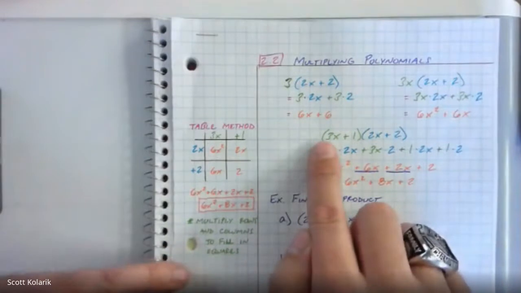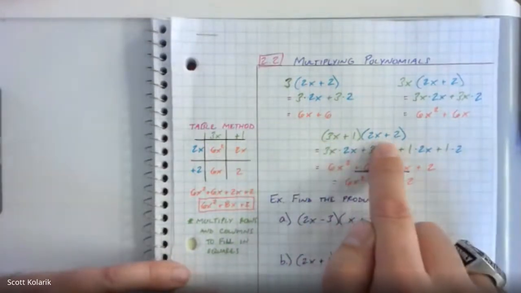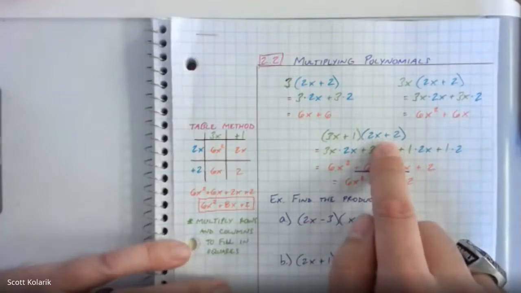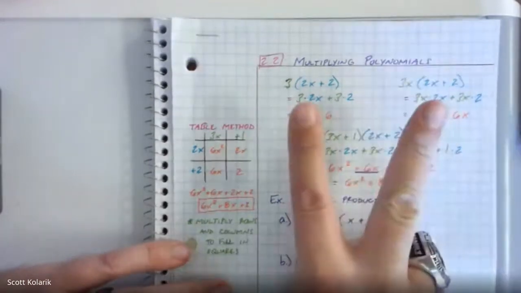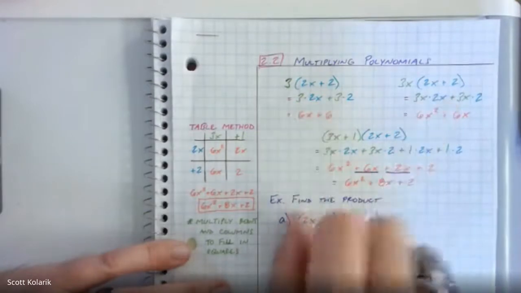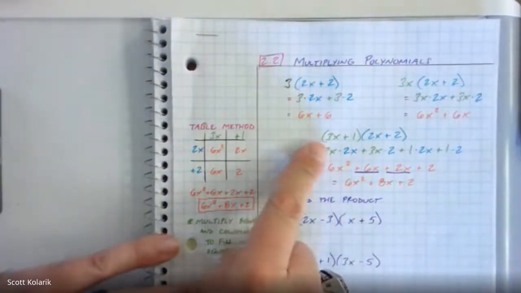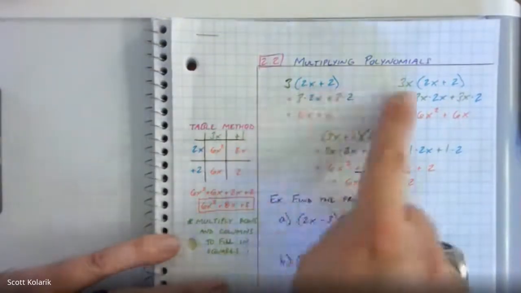All right, so back to the actual solution here. I have 3x plus 1 times 2x plus 2. Essentially, this is going to break down to 2 steps. Okay, 1, distribute. 2, collect any like terms I have after the fact. That's really going to be it. So in order to do this, I'm going to start just like I did in these other ones.